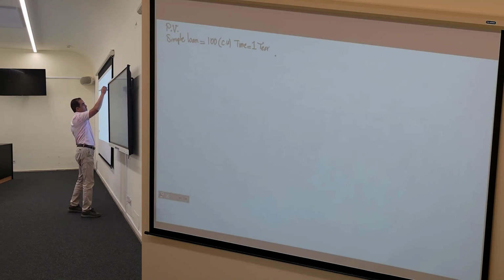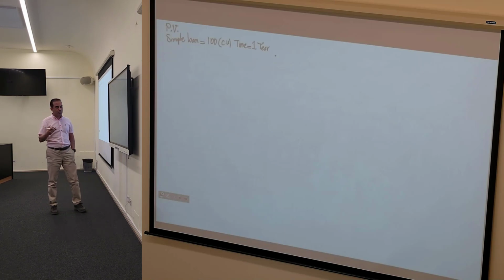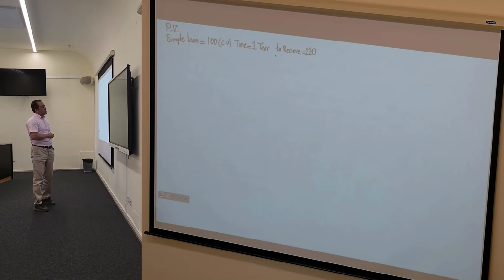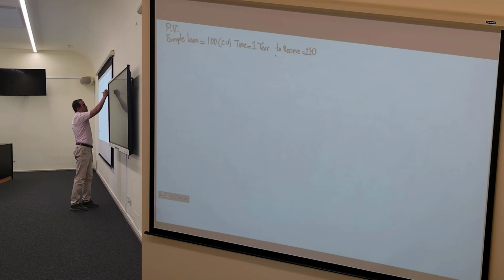And you expect to receive $110. So the 100 currency units is the original amount borrowed, known as what? The principal. So this is the principal.